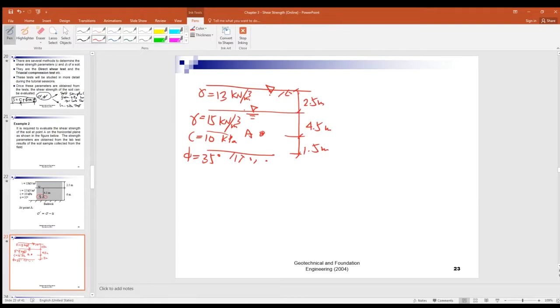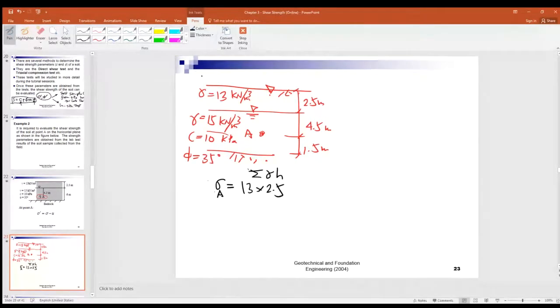Now for the A, the vertical stress, sigma at point A, right? Sigma equals 13 times 2.5, right? Because you know the summation of gamma H, right?